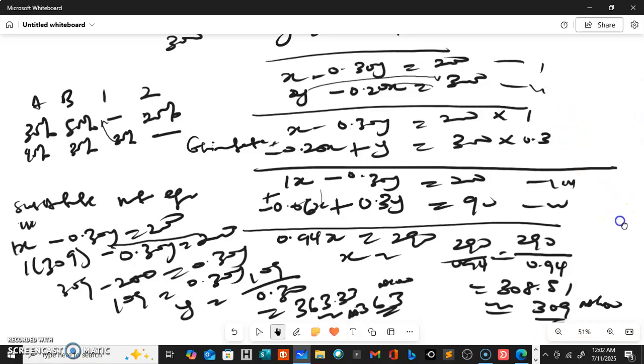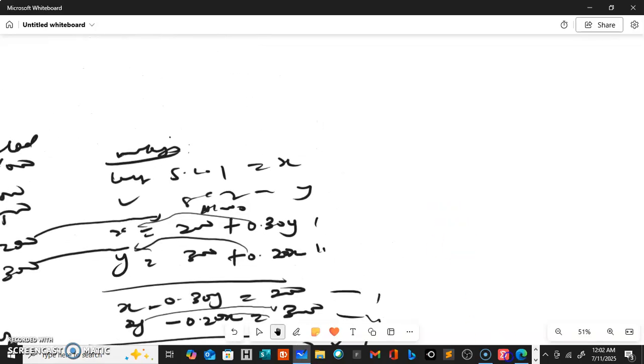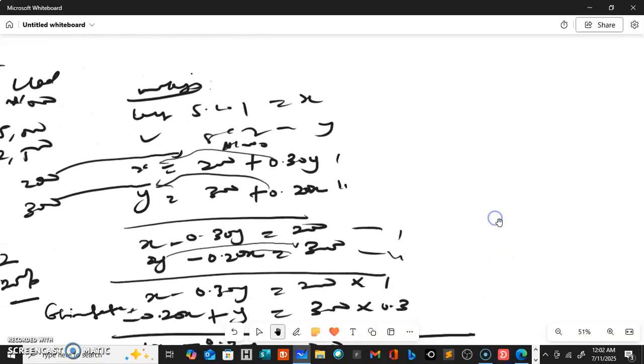Now let us go back to the question. We have the figures, we have our production costs. For production center A we have 5 million, and B as 2,500,000.